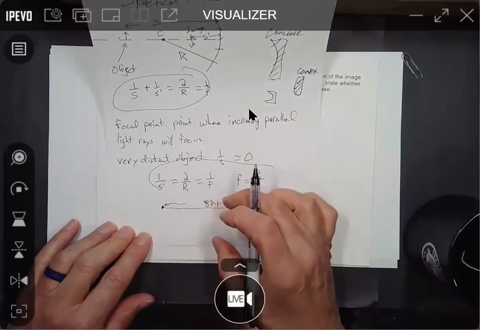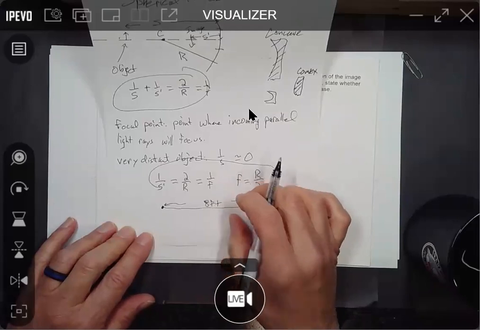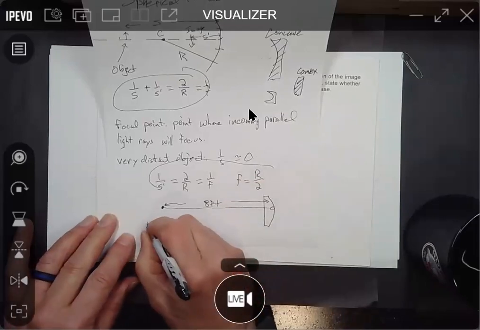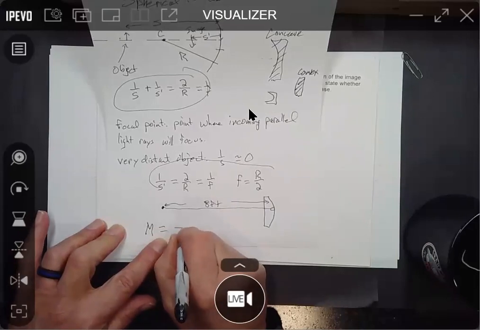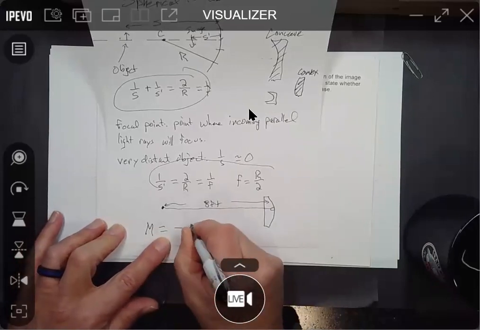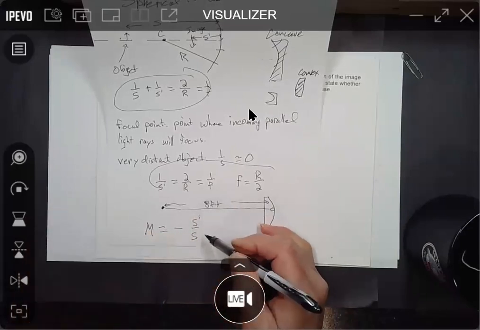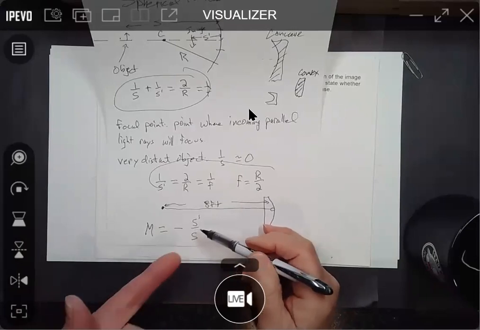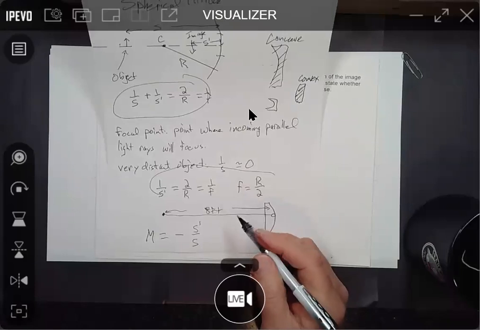If you compare the image height to the object height, you'll get a magnification. And it ends up being, and they developed this formula in the textbook as well, minus S prime over S. That's the image distance divided by the object distance.